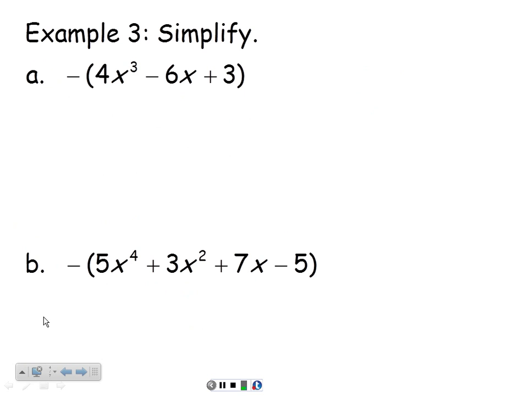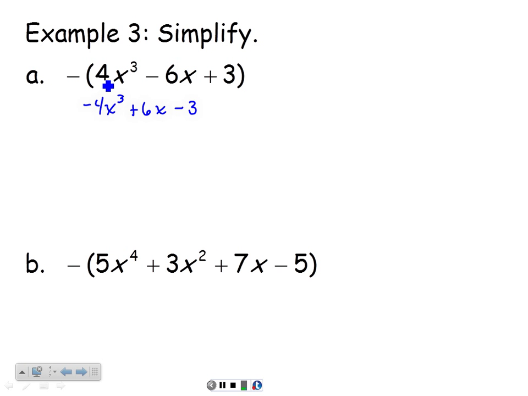Okay, so moving into subtraction, we need to understand something that I introduced to you back in chapter 1, so let's review. Remember, if you see a negative symbol in front of a group, that means to change the sign of everything in the group. And so for letter A, it's going to turn into negative 4x to the 3rd plus 6x minus 3.